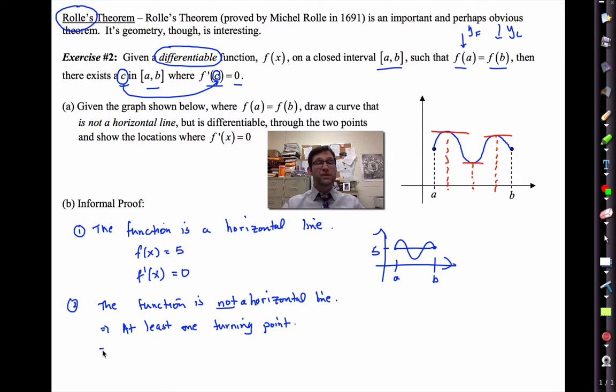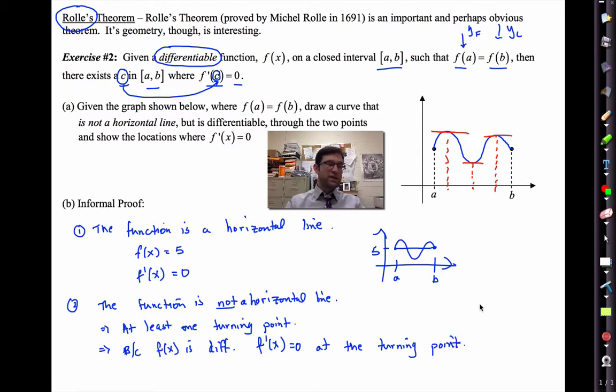Now, because f of x is differentiable, f prime of x must be equal to 0 at the turning point. Again, there are a lot of details left out of this extremely informal proof.